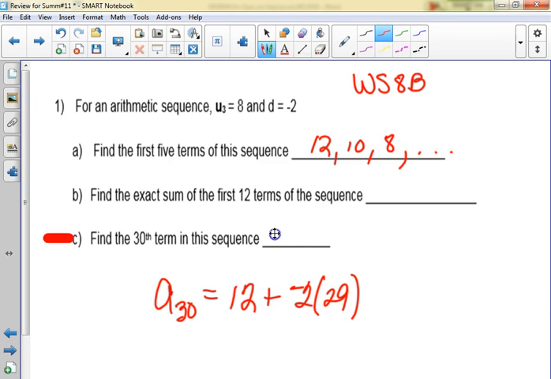Anybody get -46? Okay. Do you want to practice a sum one more time or not? If it said find the sum of the 30th term, you just do what? Doesn't say that. I'm just saying what if it did? First term plus 30th term, all times what? 30 over 2 or 15, yes.